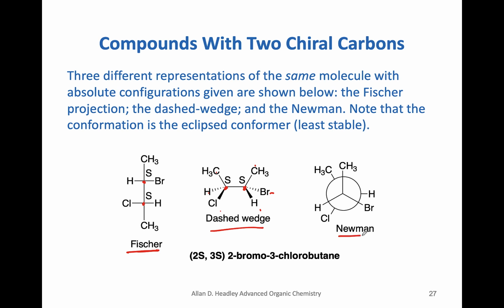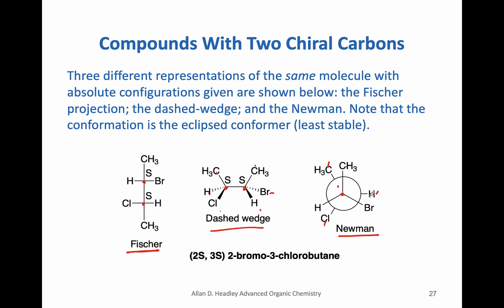Another representation here is a Newman projection. Looking straight down, this carbon is in front with three groups bonded to it, and it's also bonded to a carbon in the back which has these groups bonded to it.